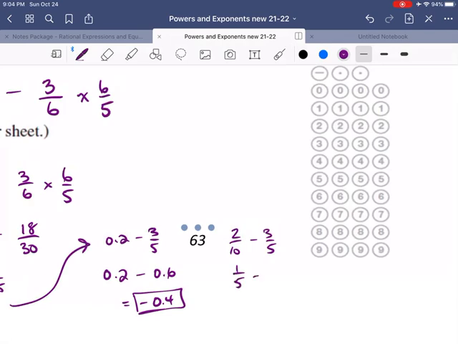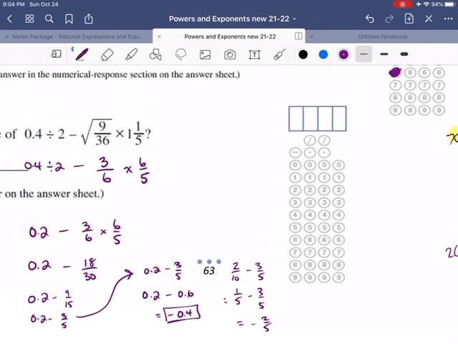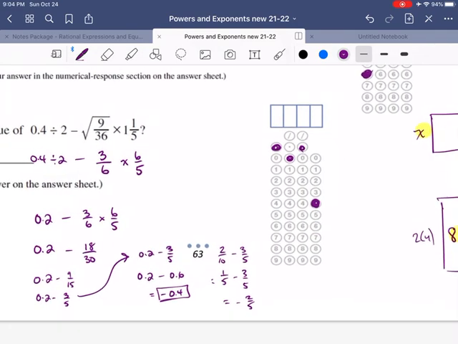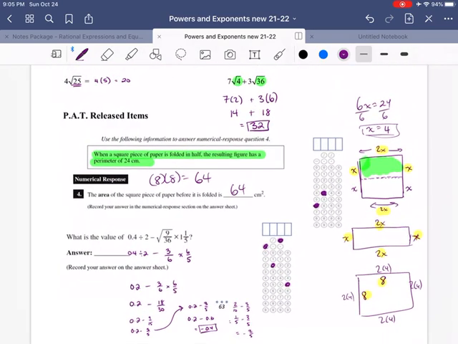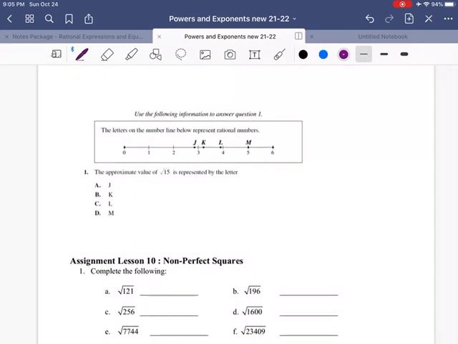So 1/5 minus 3/5 gives us negative 2/5. So you could answer this in two ways. You could do negative 0.4. That would be acceptable. Or if you wanted to use the fractional form, you could do negative 2 over 5. So that would also be acceptable.